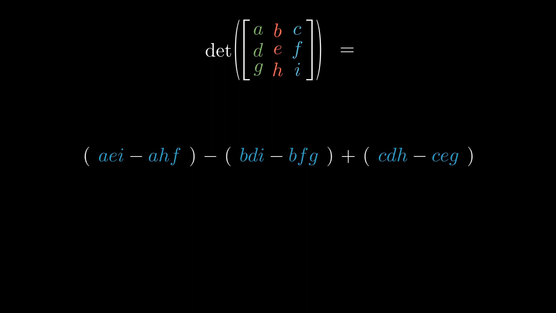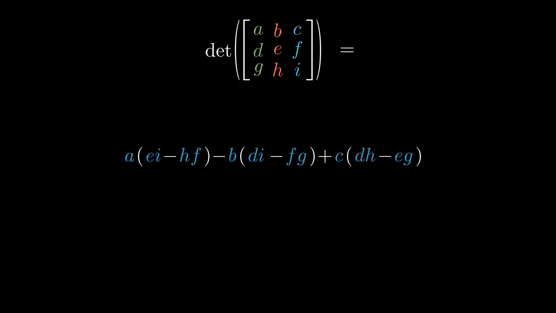Anyways, doing the grouping, we are left with A times (E times I minus H times F) minus B times (D times I minus F times G) plus C times (D times H minus E times G). Bit of a mouthful, but easier than the other one.